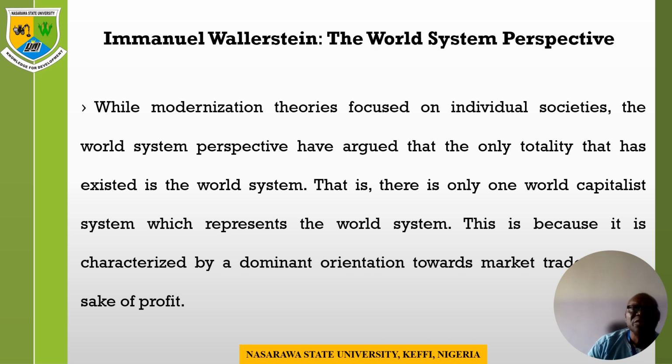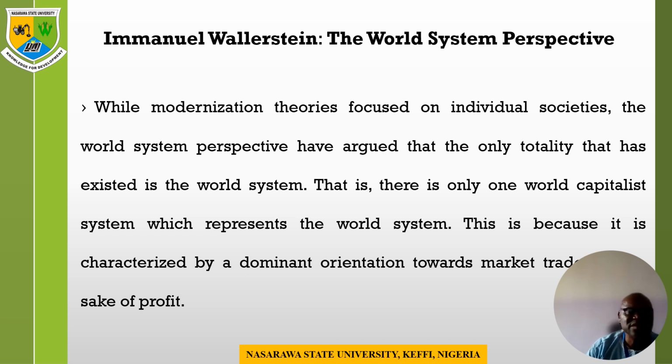While modernization theories focus on individual societies, the world system perspective argues that the only totality that has existed is the world system. That is, there is only one world capitalist system, which represents the world system.